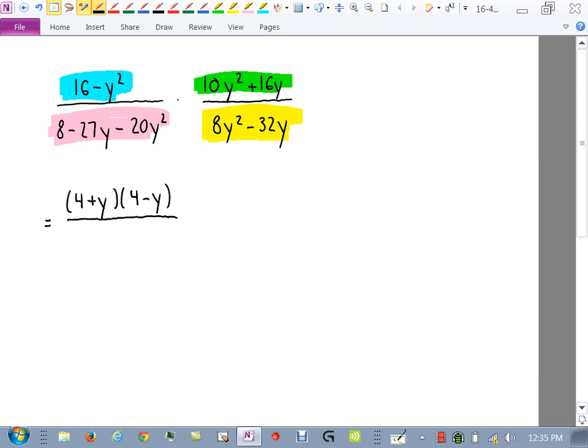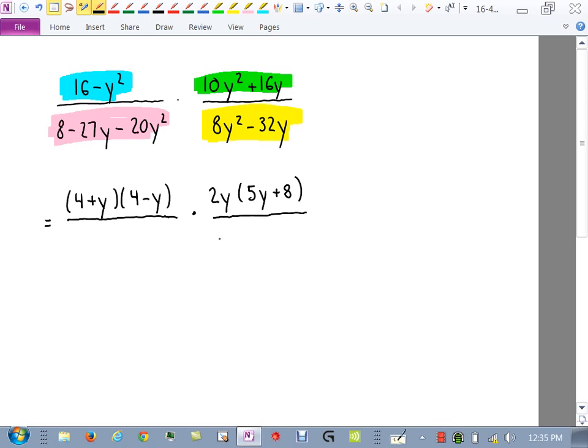Now let's do the top right one, because that one's a little easier. The 10y squared plus 16y, what's your GCF? 2y. 5y plus 8. That looks good to me. Everyone okay with that? Bottom right is not difference of squares, it's also a GCF.